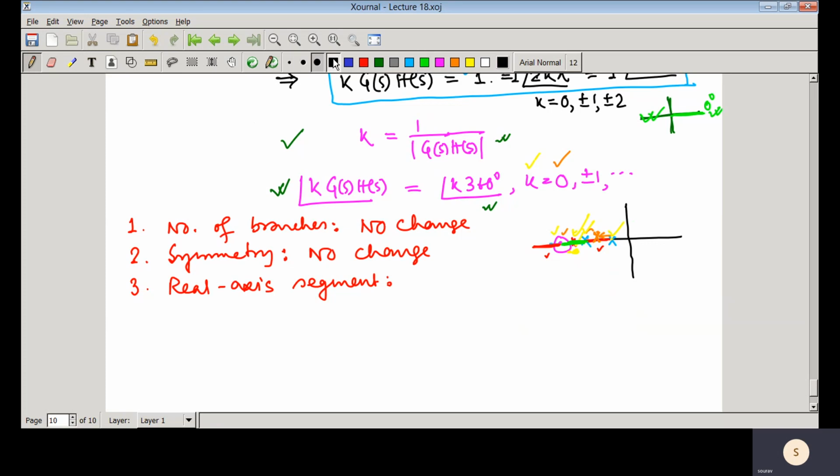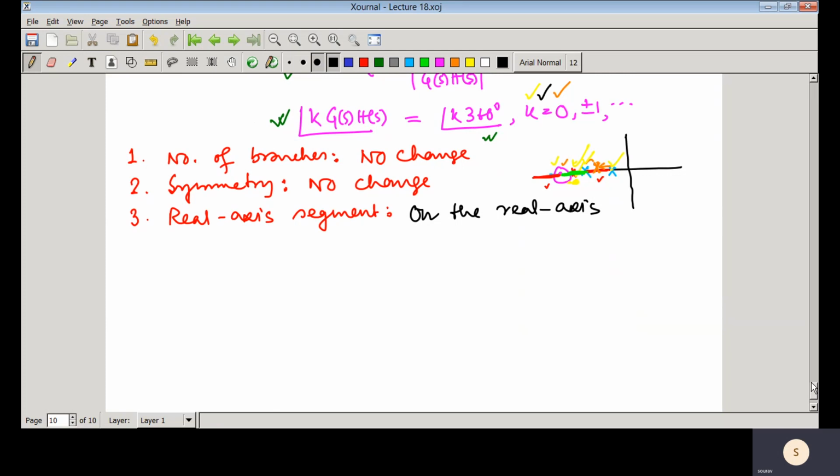So let us write that on the real axis. It is very clear that if you just consider this angle criterion, and apply the same concept that we have discussed in case of negative feedback, it is easy for you to find which segments would be part of the root locus. The root locus exists to the left of an even number of real axis finite open loop poles and/or finite open loop zeros.